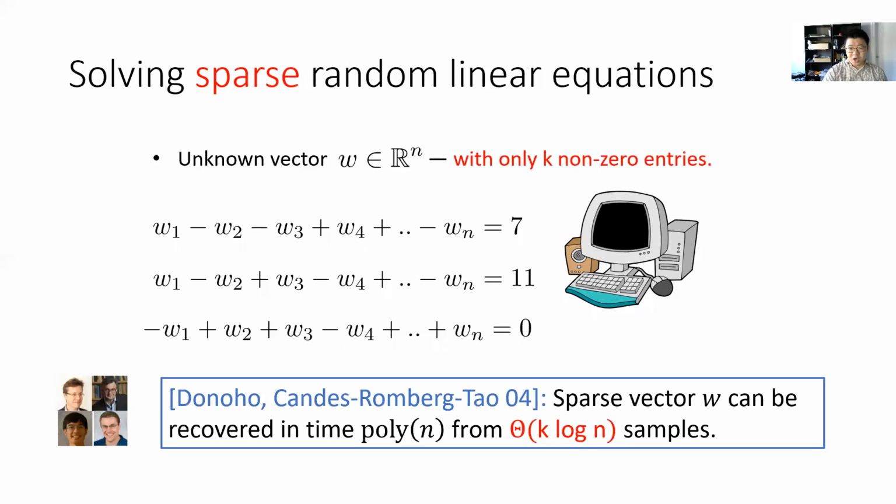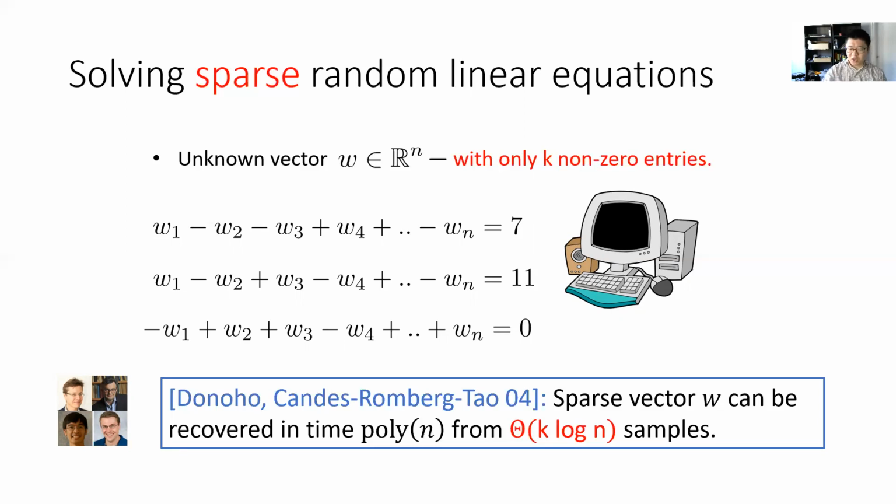The seminal results in compressed sensing by Donoho, Candès, Romberg, and Tao give efficient algorithms to recover w within Θ(k log n) samples. So the running time is still polynomial in n, and the Θ here means that we have information-theoretic lower bounds. So this is what we know for solving sparse linear functions.